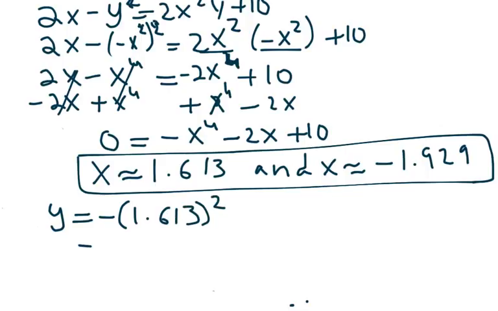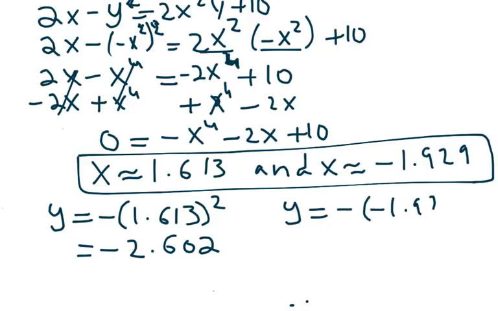When we do that, we get negative 2.602. And then when we plug in negative 1.929 and square that, we get negative 3.721.